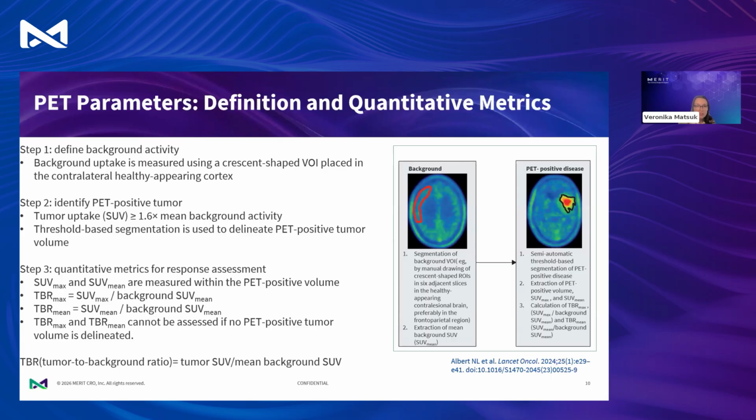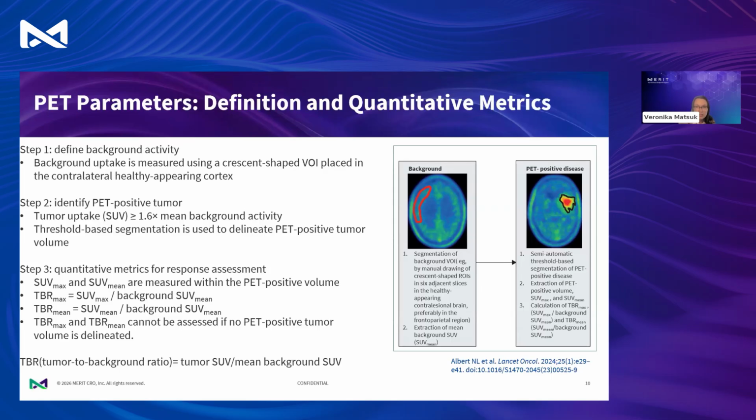And one rule that's often easy to overlook, but that has important downstream consequences, is that if no region in the scan can meet the 1.6 times threshold, then no PET positive volume can be delineated. And if that happens, the TBR max and the TBR mean cannot be calculated.